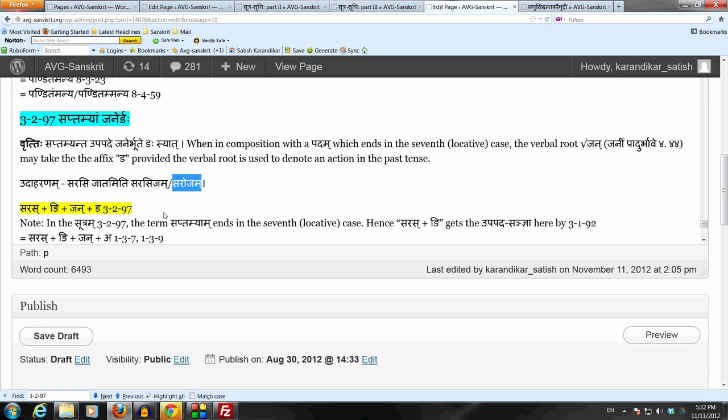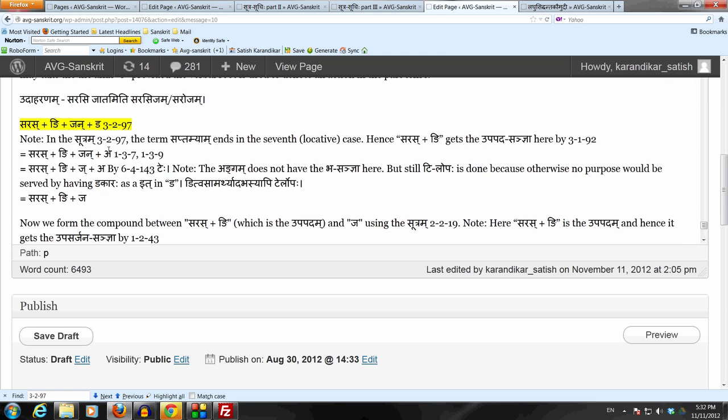So here we start the derivation by adding the affix da to the verbal root jan when we have the upapadam, which is saptamyantam padam, which is saras plus ni, saptami ekvachanam. So we have saras ni plus jan da.